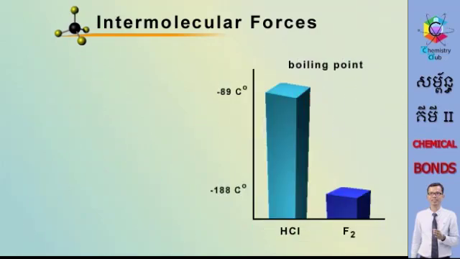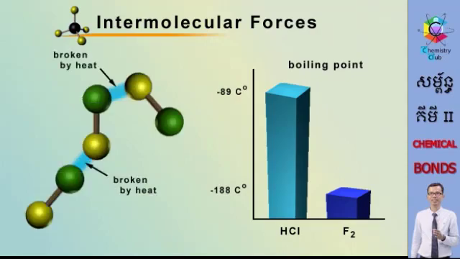However, the boiling point of the liquid formed by the polar molecule hydrogen chloride is almost 100 degrees Celsius higher than the boiling point of the nonpolar fluorine molecule. This higher boiling point reflects the heat energy required to overcome the stabilizing effect of dipole interactions.